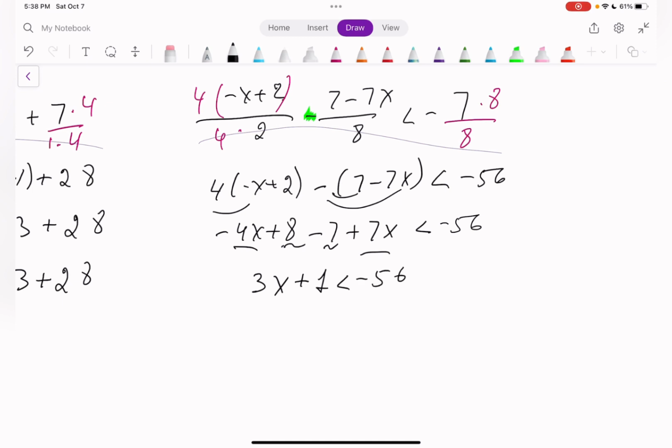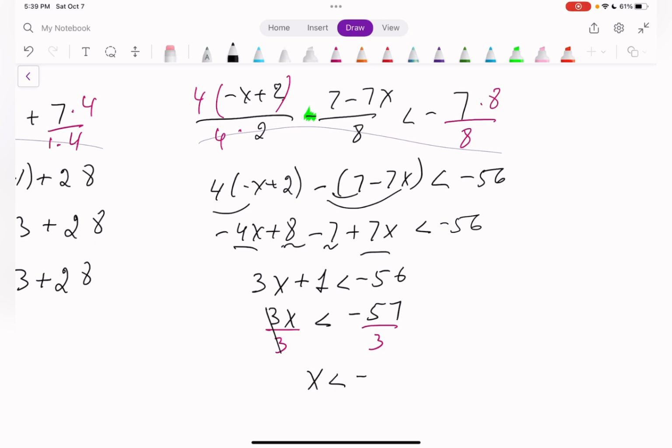From here, 3x is less than negative 57. So dividing by 3, x is less than negative 57 over 3.